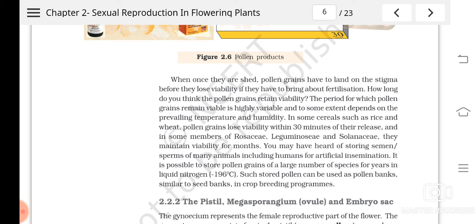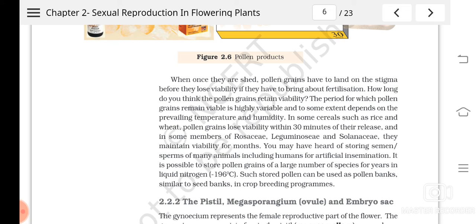This pollen grain also can be stored, just like semen or sperms, which are stored at minus 196 degrees centigrade in liquid nitrogen. In the same way, pollen grains can be stored for many years if we store them under this condition.